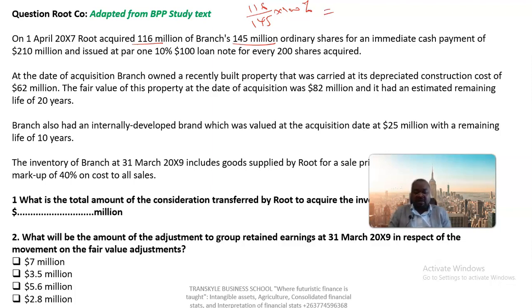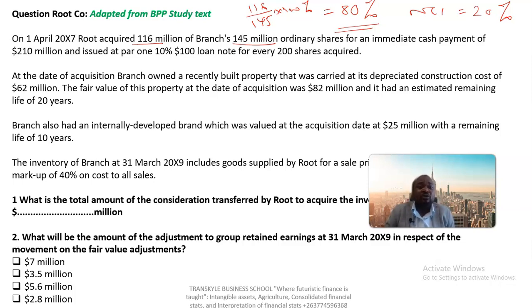Let me use my calculator here. 116 over 145, that's 80%. So therefore NCI is equal to 20%. That's the group structure. That's your working number one, the standard working number one.